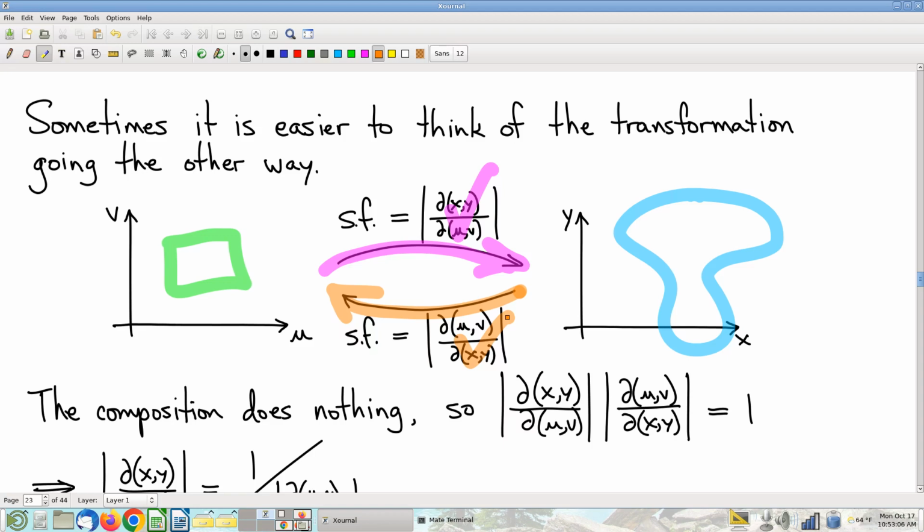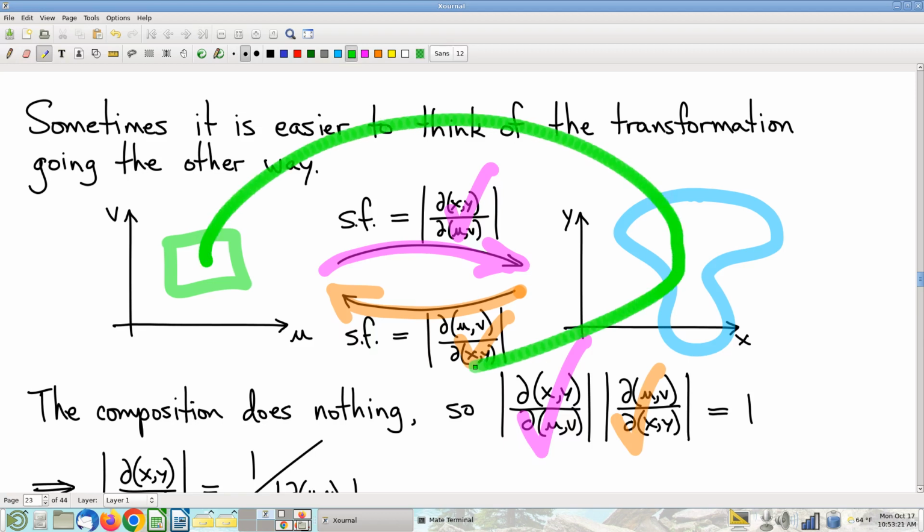And the clever observation is to note that when you do both of those together, your green domain over here goes over there and then comes right back to where it had been. If you have values of u and v, and you convert to x and y and then convert back to u and v, you get right back to where you had. Nothing happened.